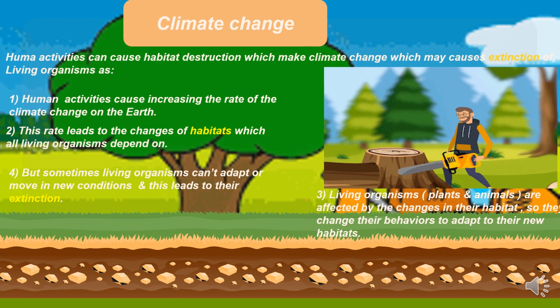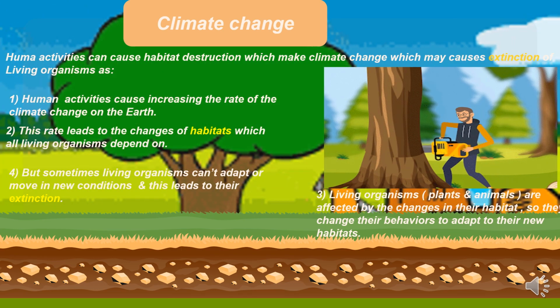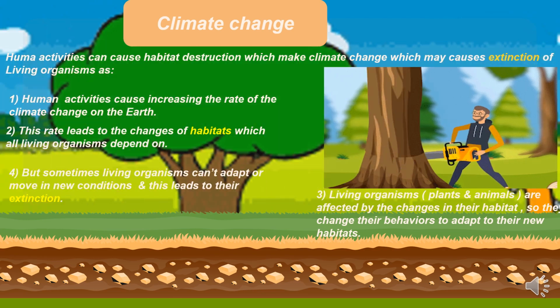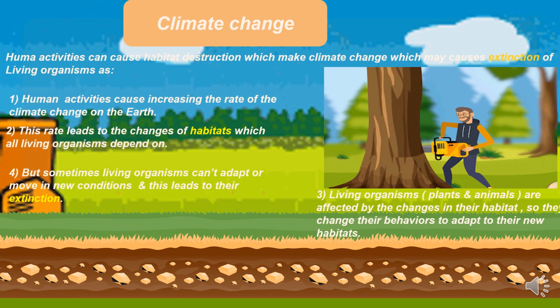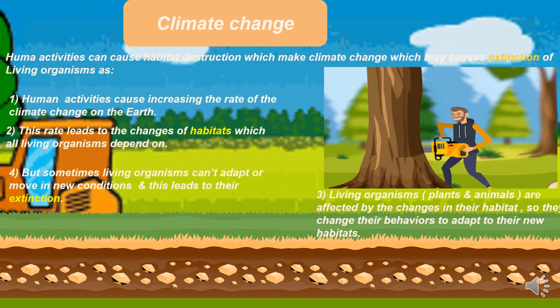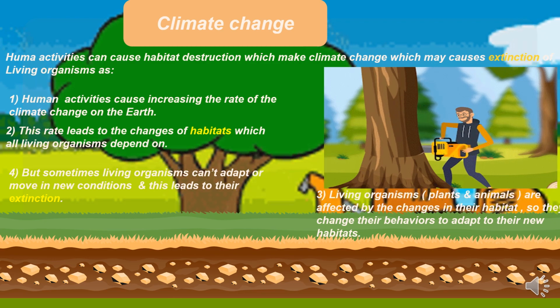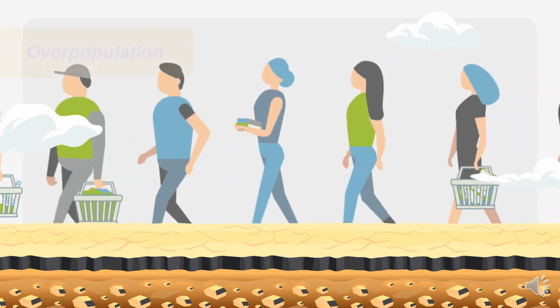But unfortunately, if they didn't succeed, they will go extinct. So the living organisms have two options: either they adapt to survive and stay alive, or if they didn't do anything to survive, they unfortunately will go extinct.